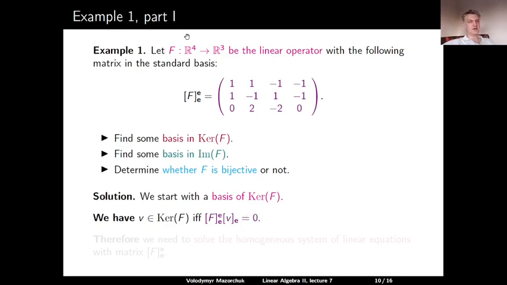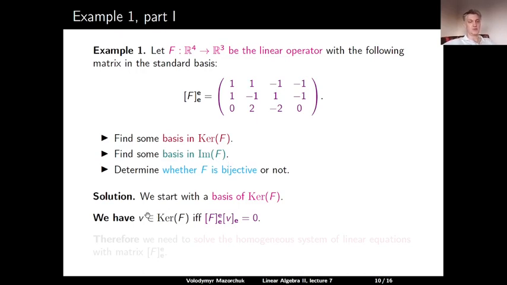Please note that for the vector space R to the power k, an element of this vector space coincides with the coordinate vector of this element in the standard basis. So the coordinate map for R to the power k for the standard basis is the identity map.